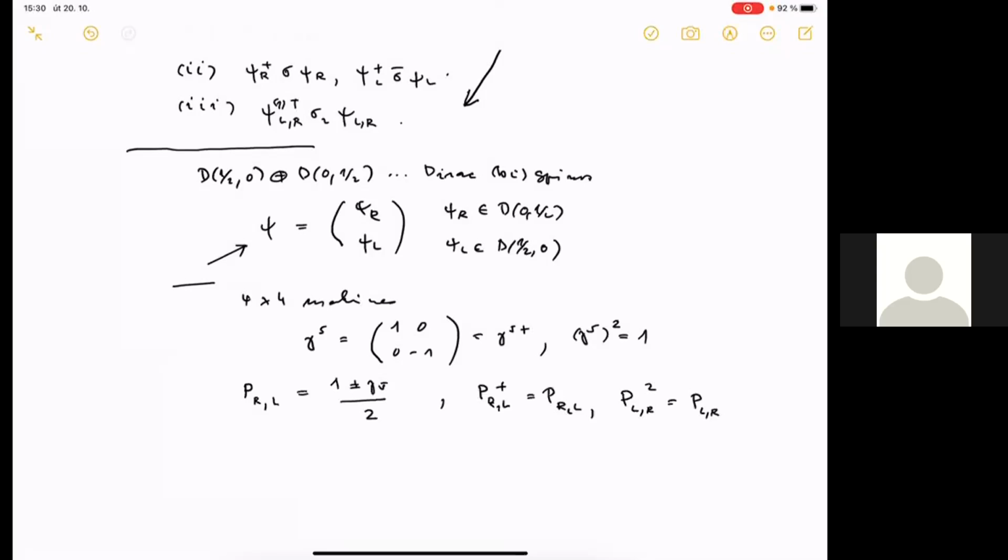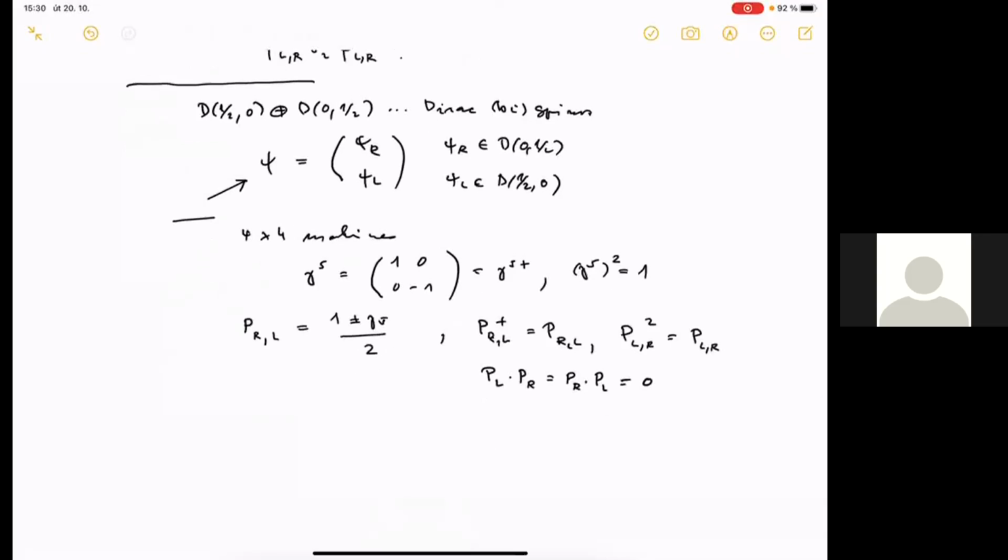And these projectors are orthogonal to each other. That means the left projector times the right projector is the same as the right projector times the left projector. The result of such a multiplication is 0. Of course, we see that such projectors project to the first or to the second component of this Dirac bispinor.